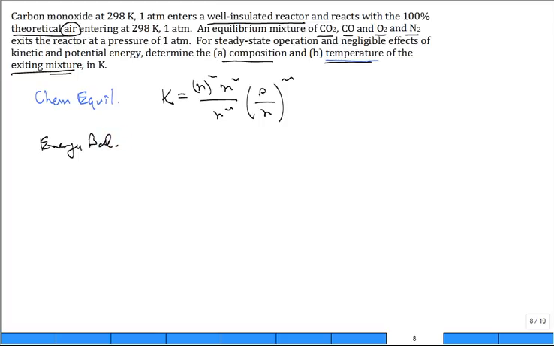It looked like something like Q dot out or in divided by N dot F. Oh, it's an insulated reactor. That term is going to be 0 on the left-hand side. And then we had the sum of the stoichiometric coefficients times the molar enthalpies over all the products minus the sum of stoichiometric coefficients times molar enthalpies over all the reactants. Does that equation look familiar to you?